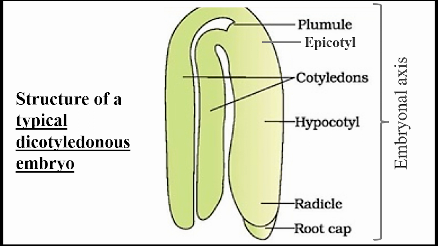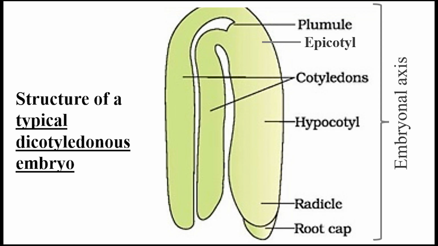Plumule is otherwise known as the stem tip. So basically the structure which grows towards the top is known as the epicotyl, and it terminates in the stem tip, otherwise known as the plumule.